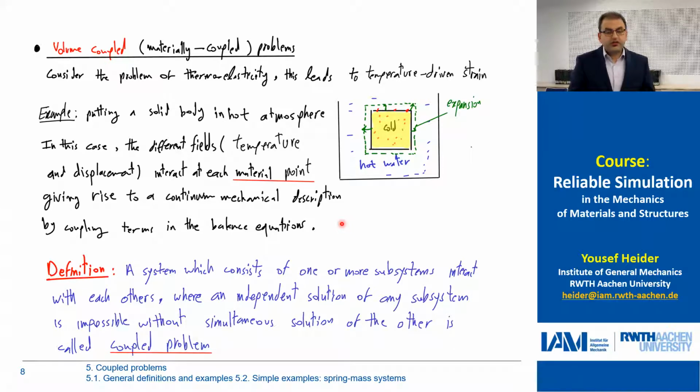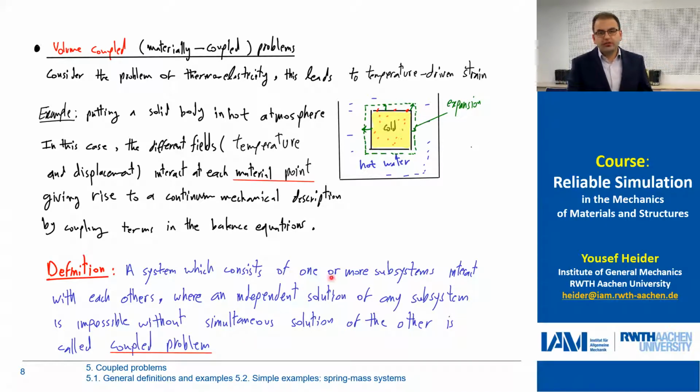And now let me give a general definition of a coupled problem. By definition, a system which consists of one or more subsystems interacting with each other, where an independent solution of any subsystem is impossible without the simultaneous solution of the others, is called a coupled problem. This is clear, for instance, in thermoelasticity.